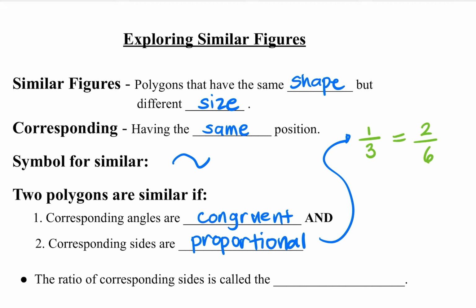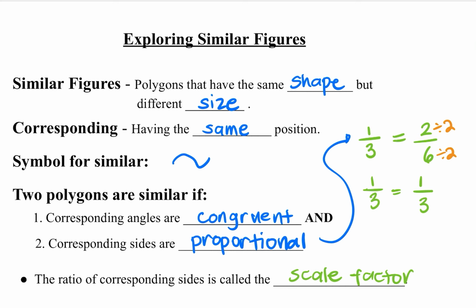If I simplify 2/6, the common factor is 2, so I can divide both numerator and denominator by 2, and therefore 2/6 can be simplified into 1/3. As you can see, the fractions are equal to each other, and so the ratios are proportional. So the sides are proportional. The ratio of corresponding sides is called the scale factor.